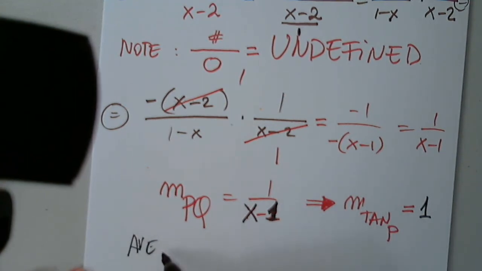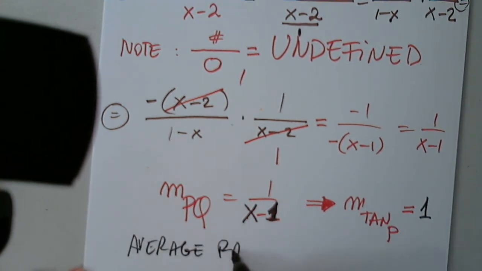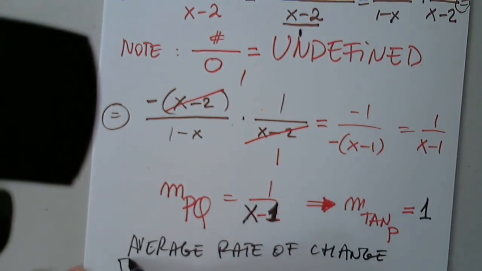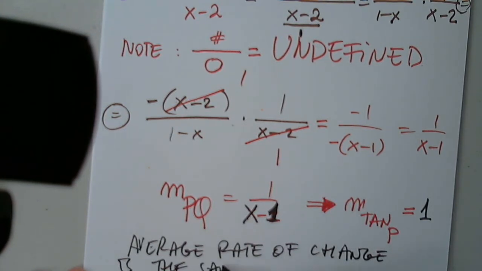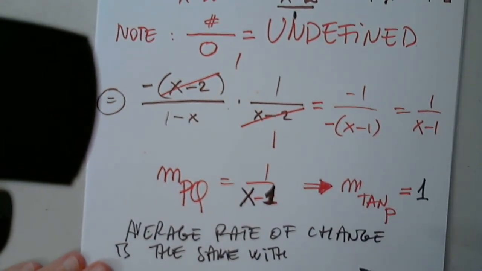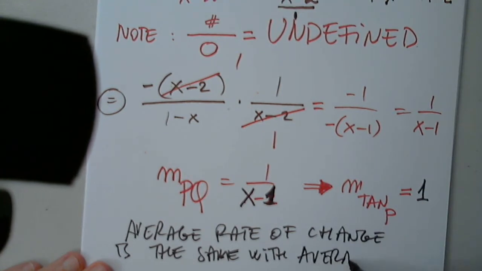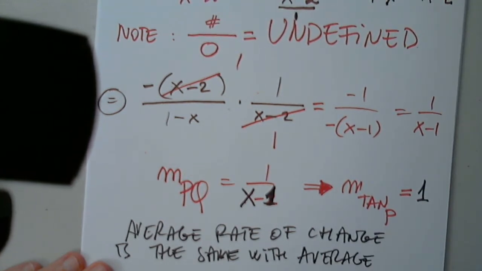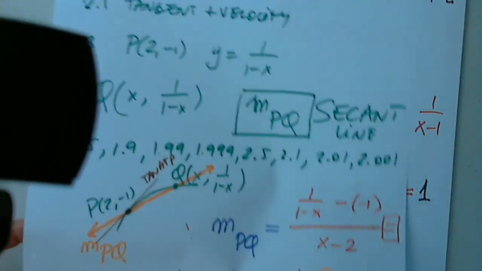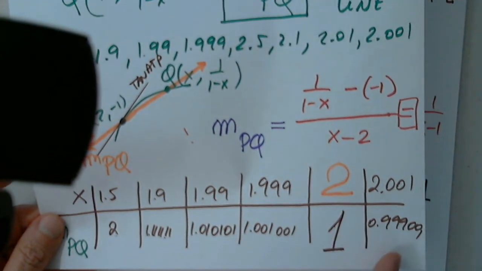Average rate of change is the same with average velocity, if the function is the distance. Here we had some function, but if this is the distance, all these numbers will be average velocities.